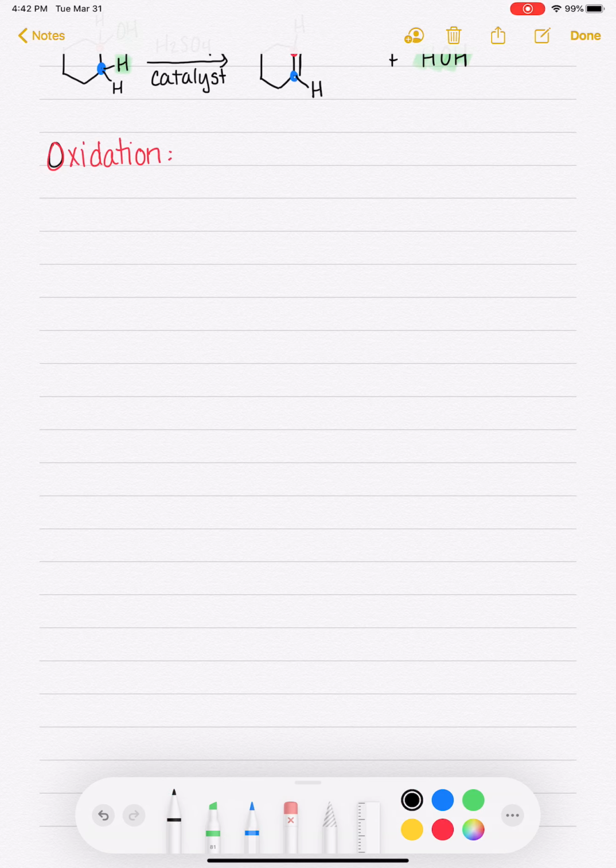There are three different ways that oxidation can occur, three different types of alcohols that can be oxidized. I'm going to draw all three different types of alcohols, because the first thing that we're going to do is talk about how these different types are different.